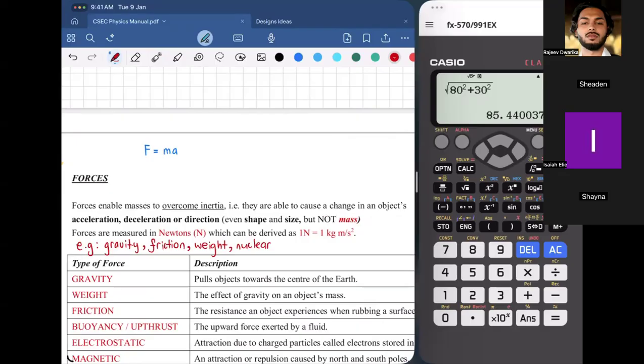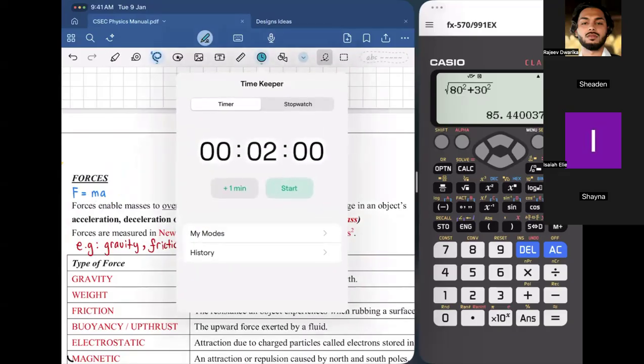So copy down the formula, F is equal to ma. The heading is forces. Write the formula, then write the definition, and put the examples. I'm giving you all 4 minutes.